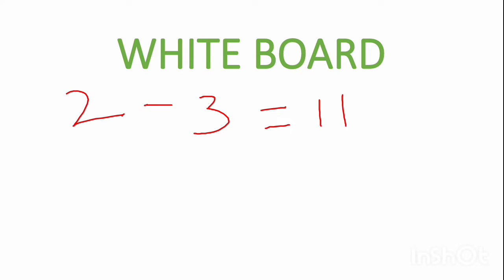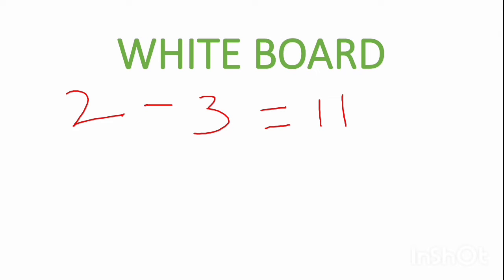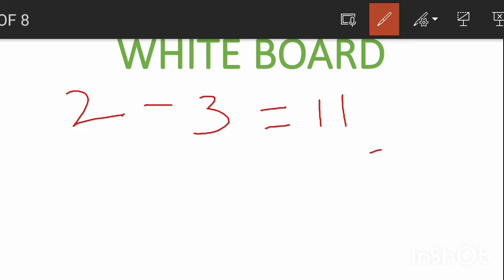That means you begin your counting from 2, 1, 12, 11 on the face of the clock. So you start from 2 and count.